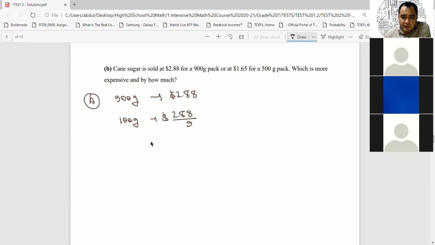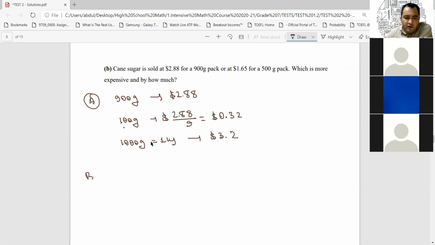So that is equal to 0.32. Okay. So now if I multiply by 10, then 10 times 100 grams, that is 1,000 grams, 1 kg. Also multiplied by 10, that is $3.2.